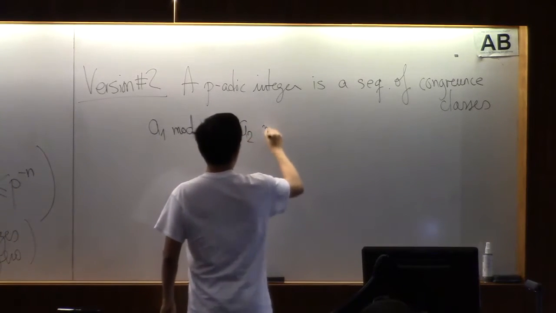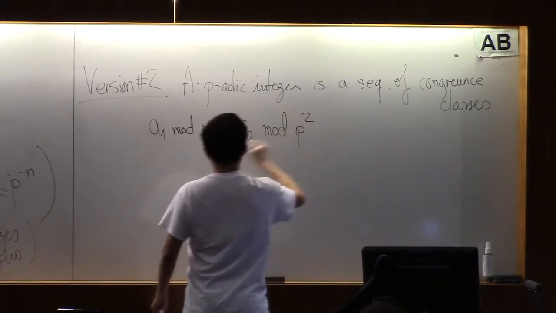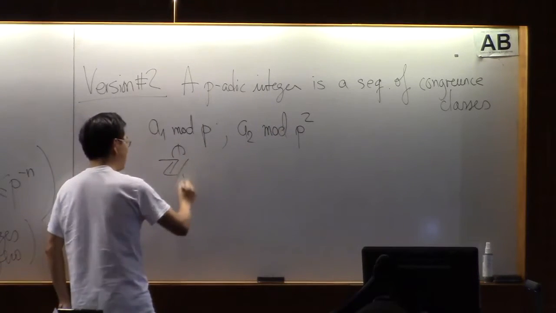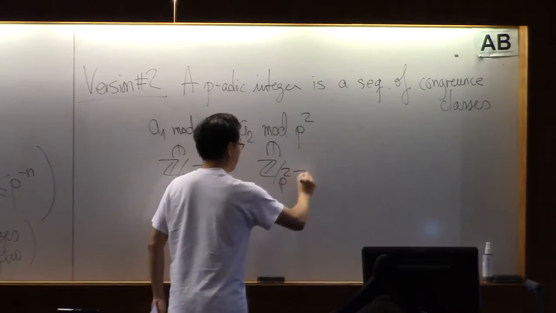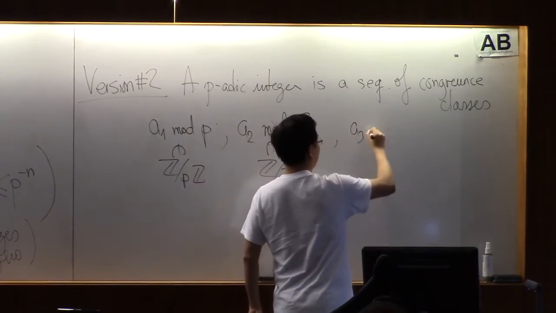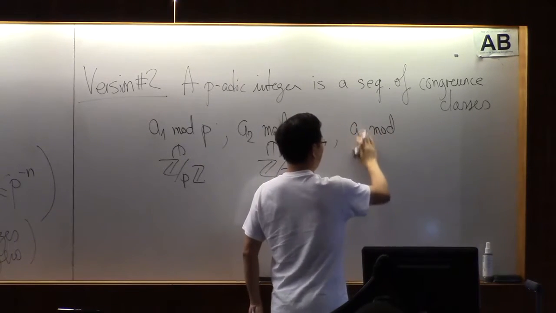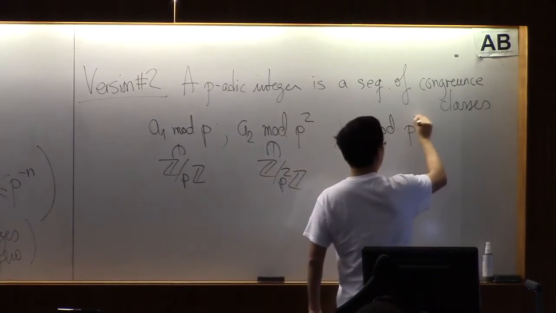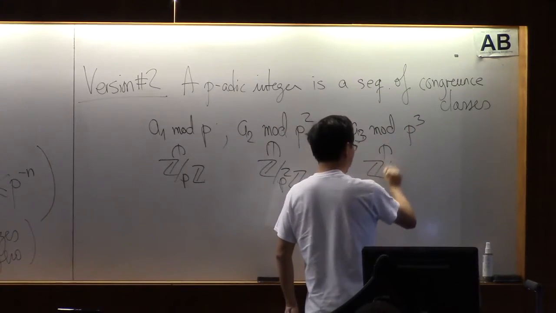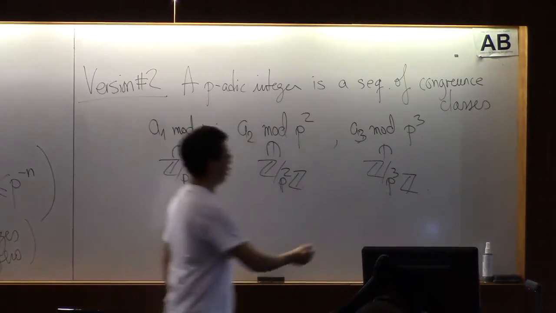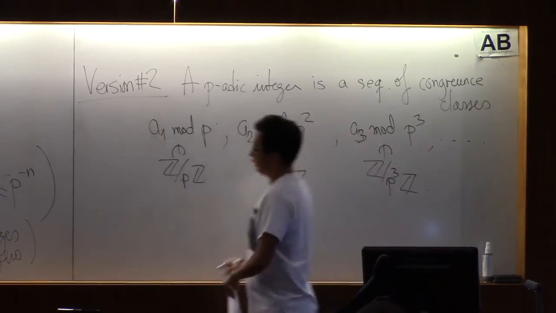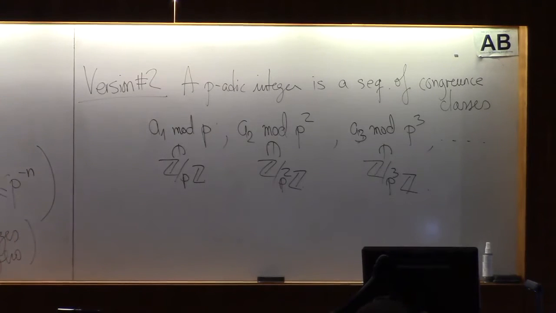And for a2, I think of this as an element of Z mod pZ. And think of this as an element of Z mod p squared Z. And the next one as an element in Z mod p cubed. And go on. In the sense I just need to know what they are modulo p to the n.